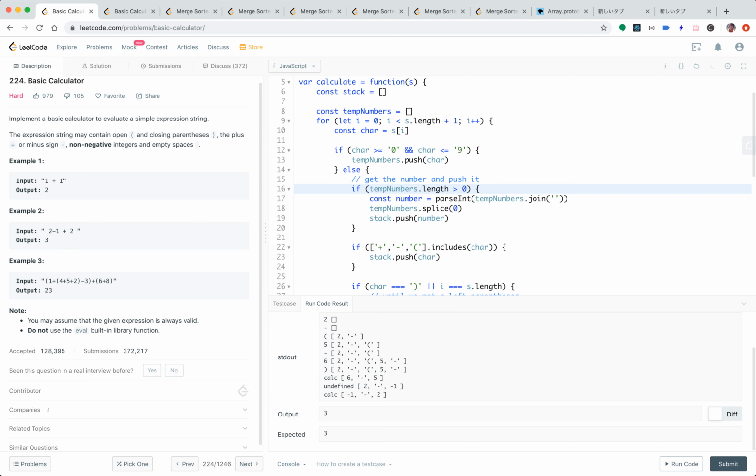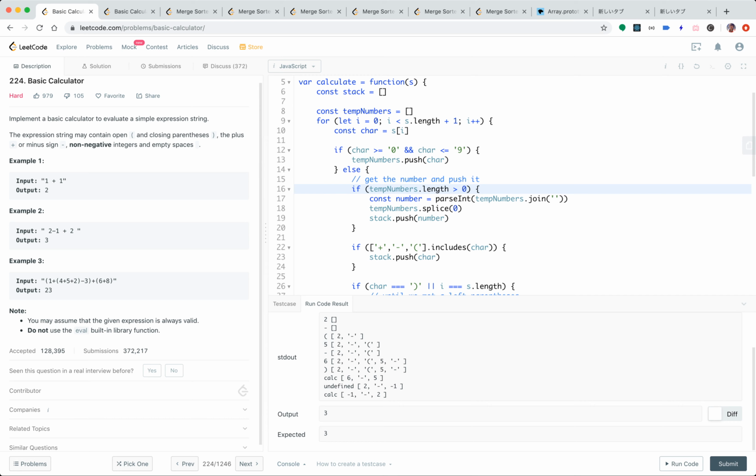Every time we meet a right parenthesis, we pop the content in the stack into another stack, which is called the calculation stack. In this calculation stack, there will be no parenthesis, so we can calculate it in the original order.